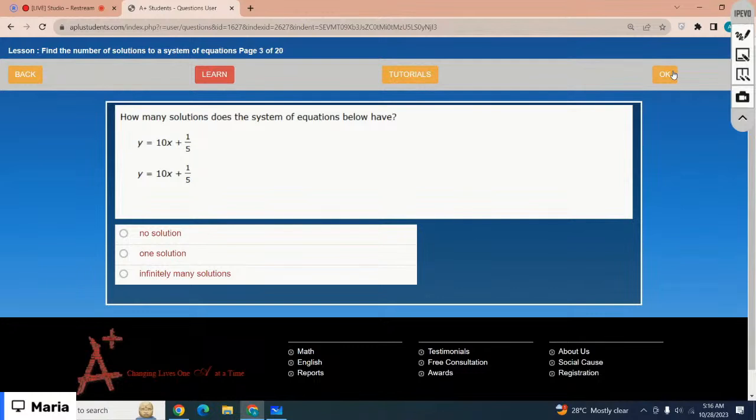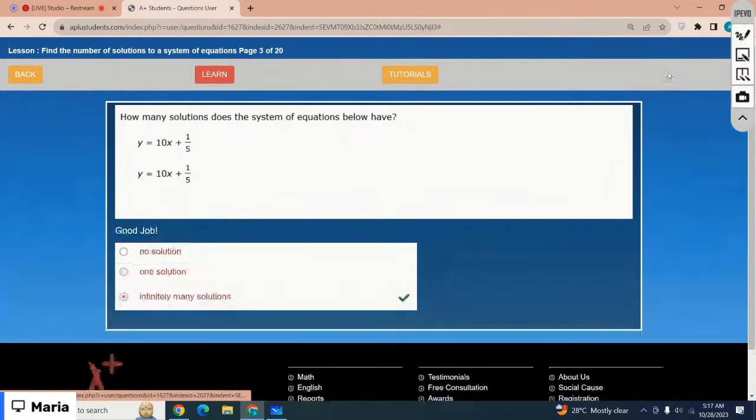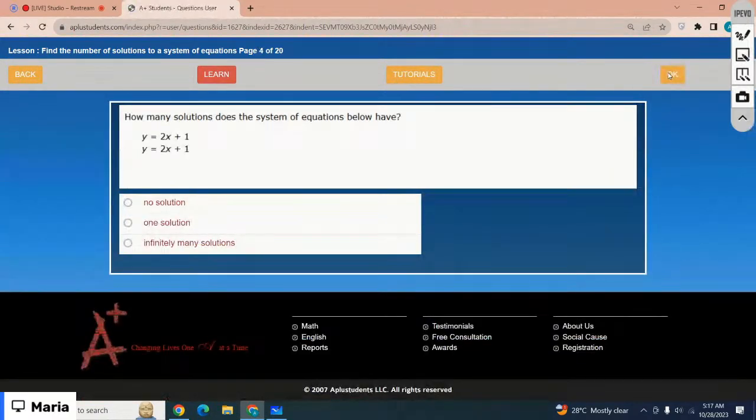Got it? How many solutions does the system of equations below have? Is the correct option? Both the equations are exactly same, right? They are identical. That means the system has infinitely many solutions.